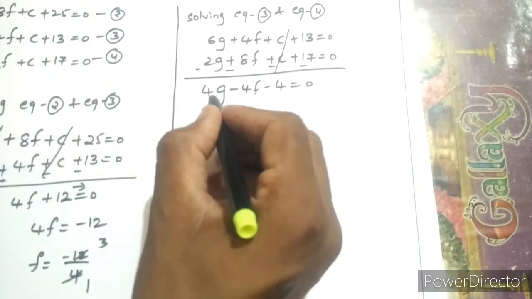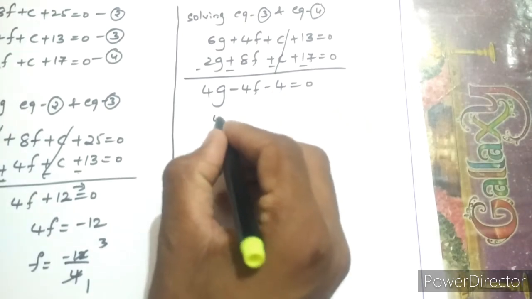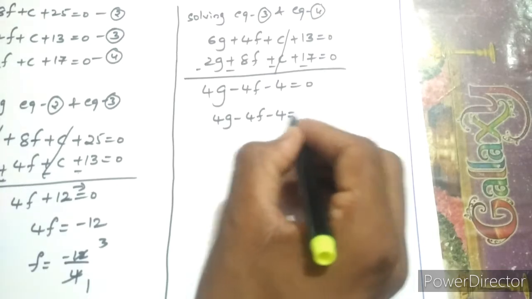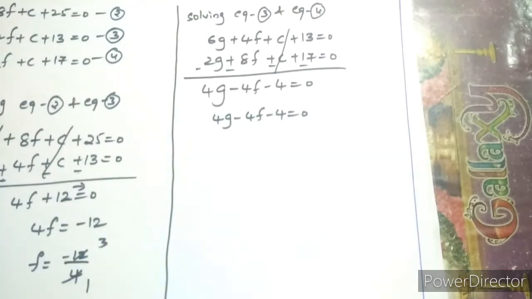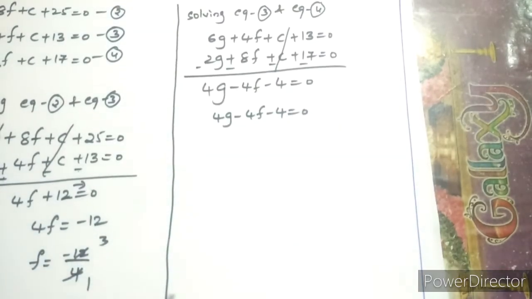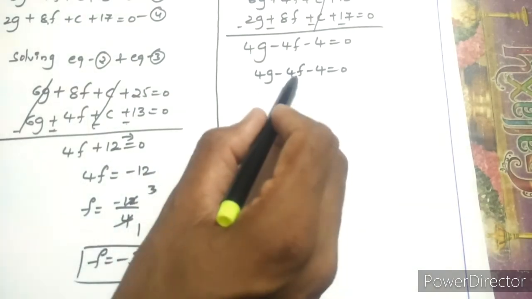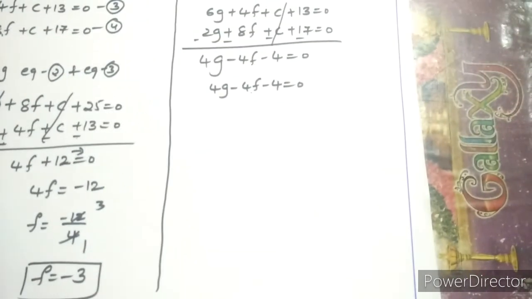So taking common from all the terms, we get 4g minus 4f minus 4 is equal to 0. We got the f value over here. So this is the f value. We are substituting this f value in this equation.